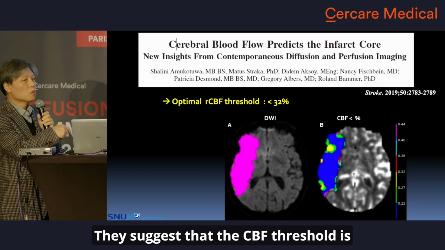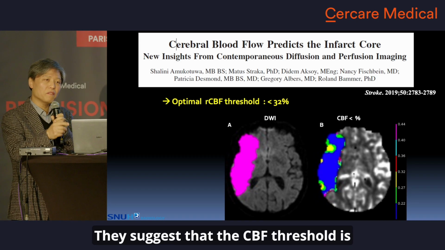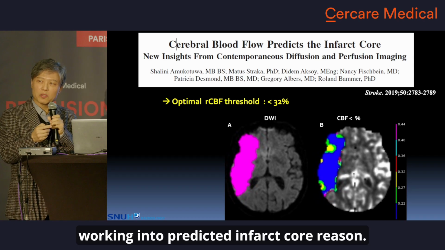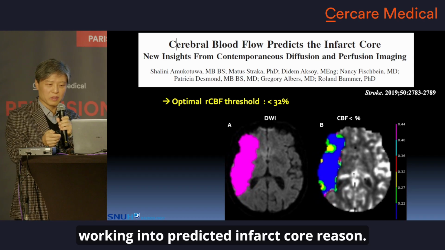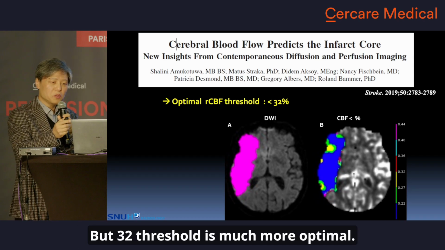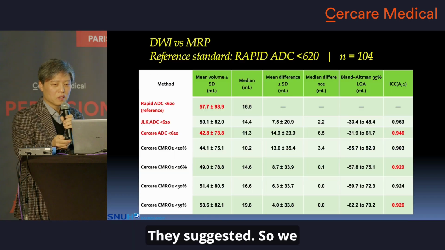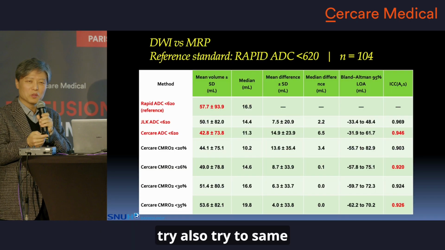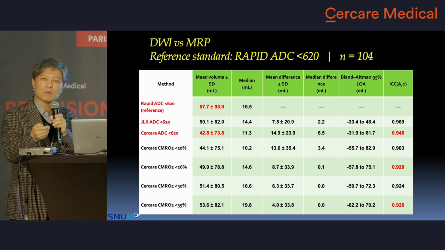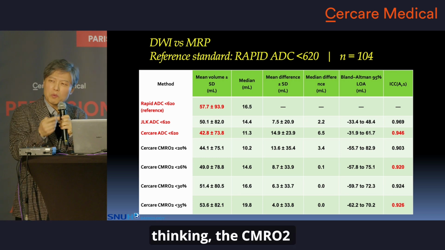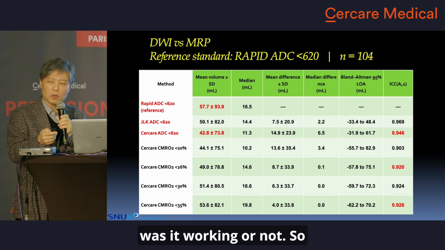They suggest that the CVF threshold works to predict the infarct region, but a 32% threshold is more optimal. So we tried the same thinking with CMRO₂: does it work or not?